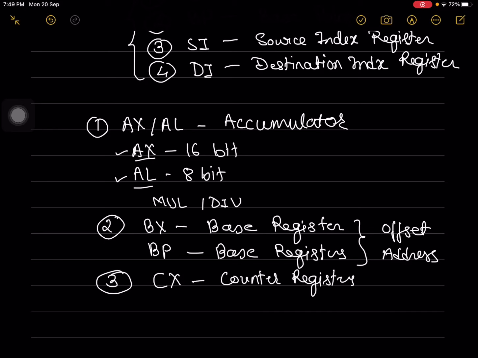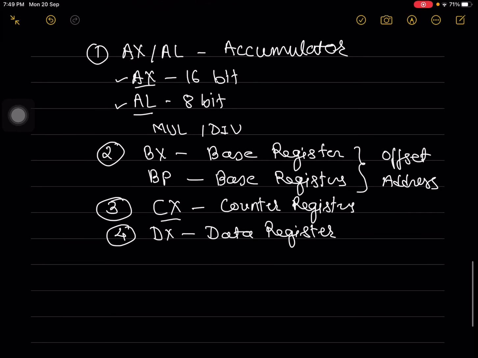How many times the loop has to be executed, that count is stored in CX in some of the instructions. The next register is DX, which is called the data register. It is a general purpose register and has specific use in one or two instructions.